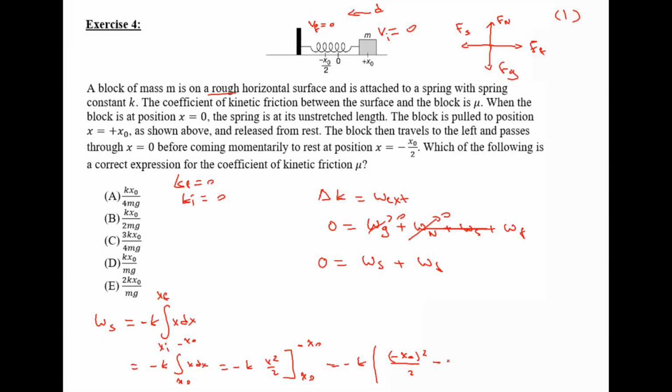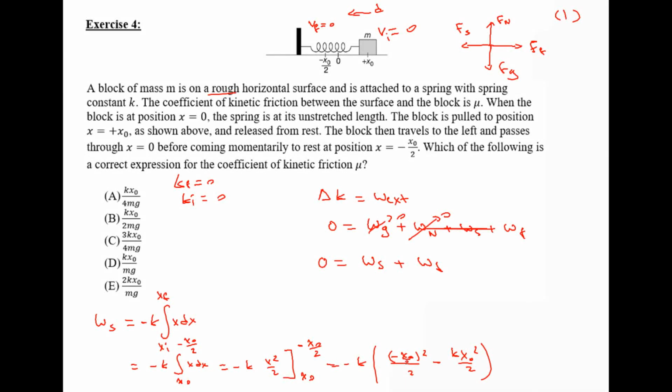Here I have made a mistake. That would be minus x0 over 2. So minus x0 over 2.